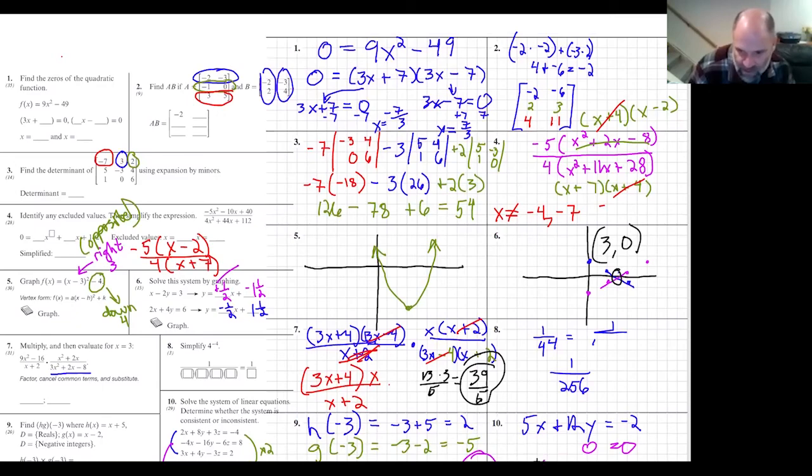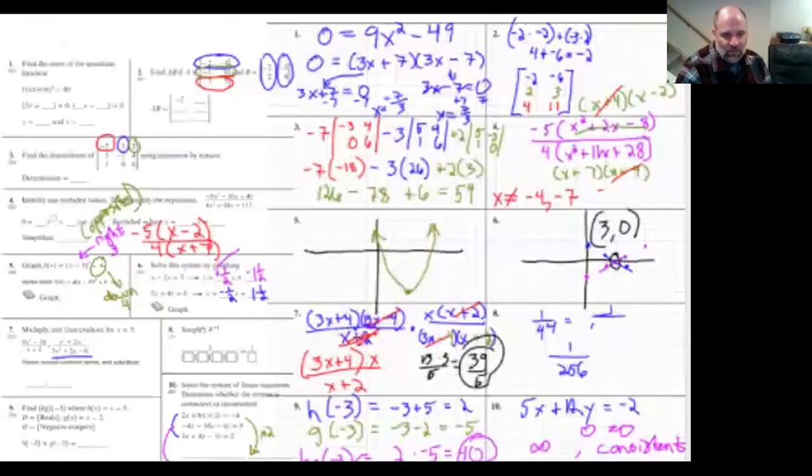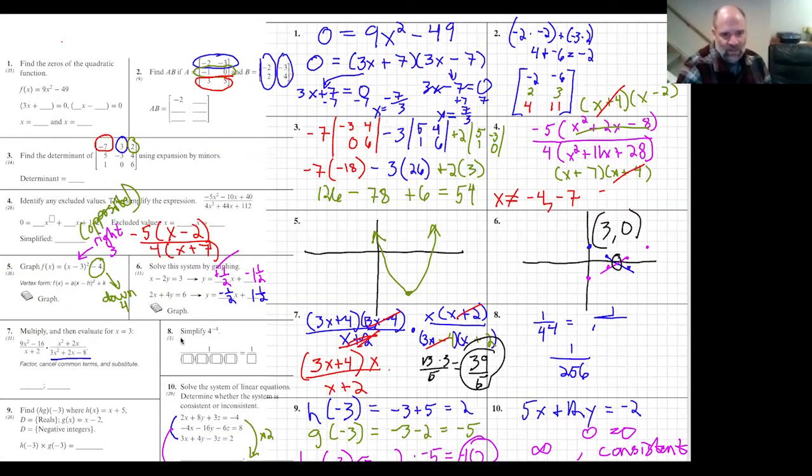So this is infinite solutions and consistent. Okay, I guess I want to do cursive. Okay, so I think the test too, let me just take a brief look at the test. It might be a special situation like that, but I don't want to spoil it for you either.